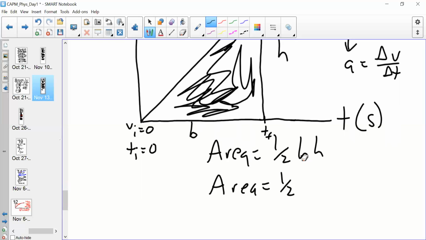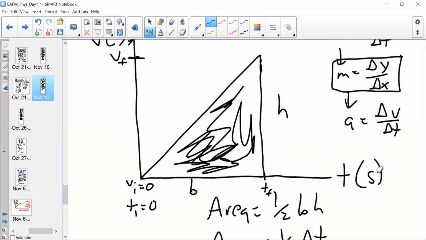So it's going to be 1/2 the base, which is delta t. And the height here will be the sum from the initial velocity, because now we're on the y-axis. We're going from the y-axis here, vi equals 0, all the way to v final. So vi plus vf forms this height.